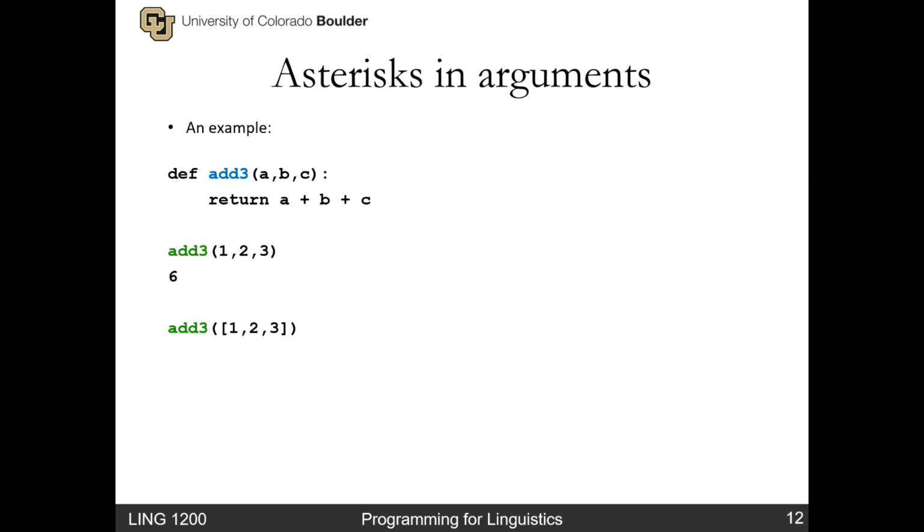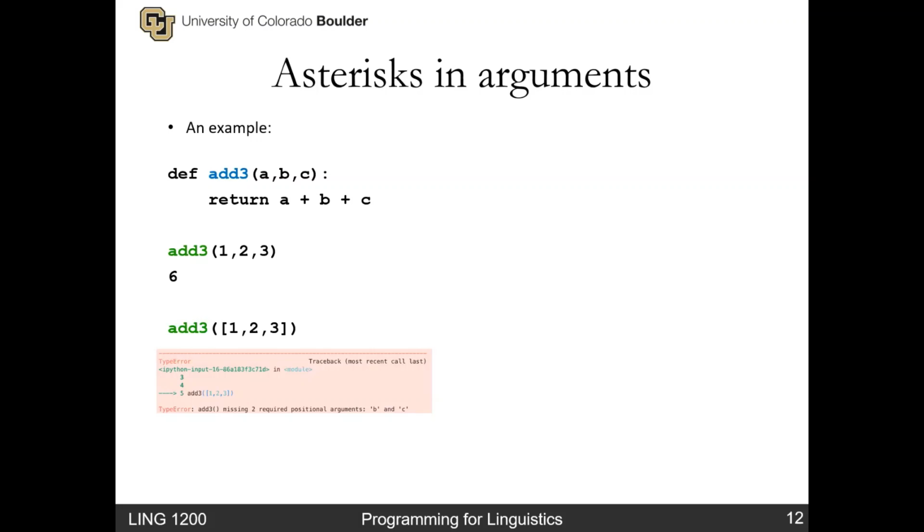Well, if we try this, if we try add 3 and then feed it this list of the same 3 numbers, we're going to get an error, right? And it tells us it's a type error. It says add 3 is missing 2 required positional arguments B and C. So it looks at it and it sees a list as one element.